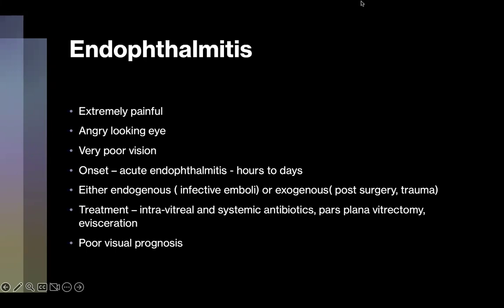So they are very rare. Patients are usually ill and they don't come to you. They are in ICUs. So it's very unlikely for you to see an endogenous case. But exogenous ones are usually common after cataract surgery, any intraocular surgery. Treatment is intravitreal and systemic antibiotics, failing that, vitrectomy to take out the infective material. Very poor prognosis. Sometimes they end up with removal of the eye, evisceration.